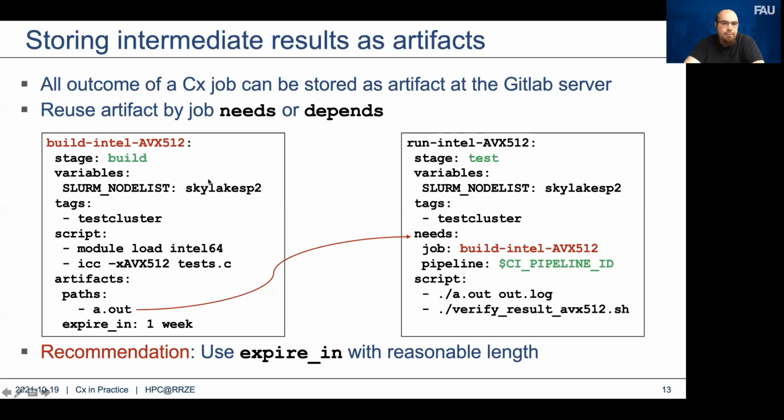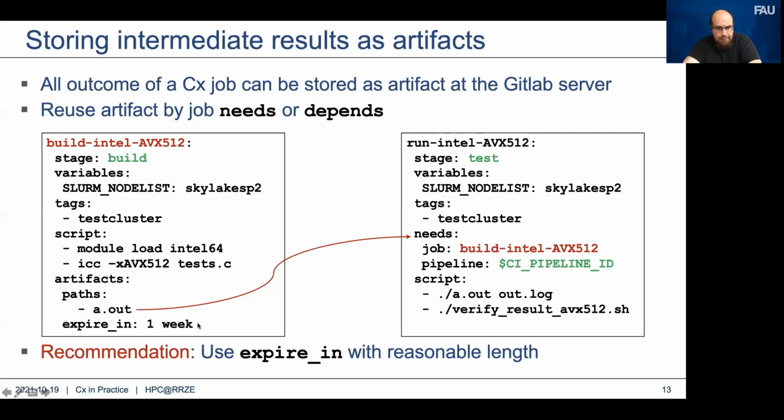Here we run on a Skylake node. We create it, and in the end, if you don't specify an output name for the compiler, it normally stores it in a file a.out. This is the one that we specified as an artifact, and we set some expire time. Please use some reasonable length. A week is commonly fine.